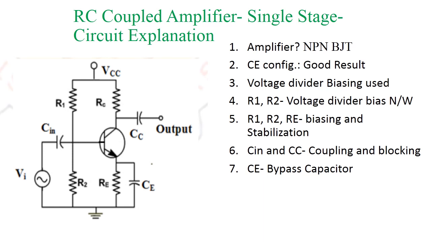So if CE is not present, AC degeneration will happen in this circuit and the gain will be reduced. So the CE, the bypass capacitor, bypasses the amplified AC at the emitter terminal. So this is the basic circuit explanation.